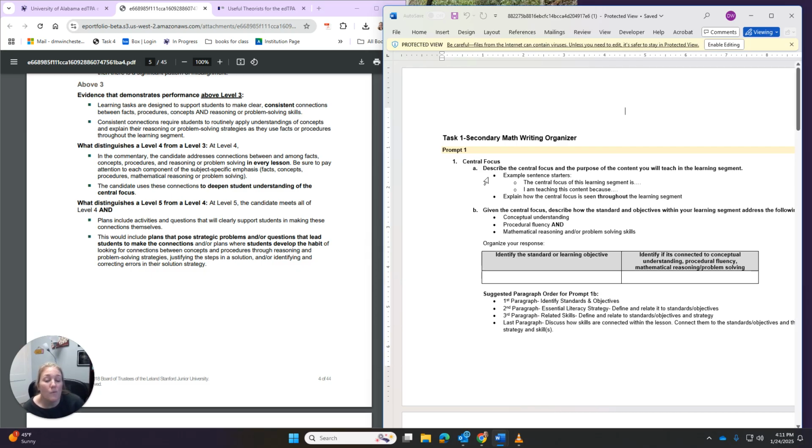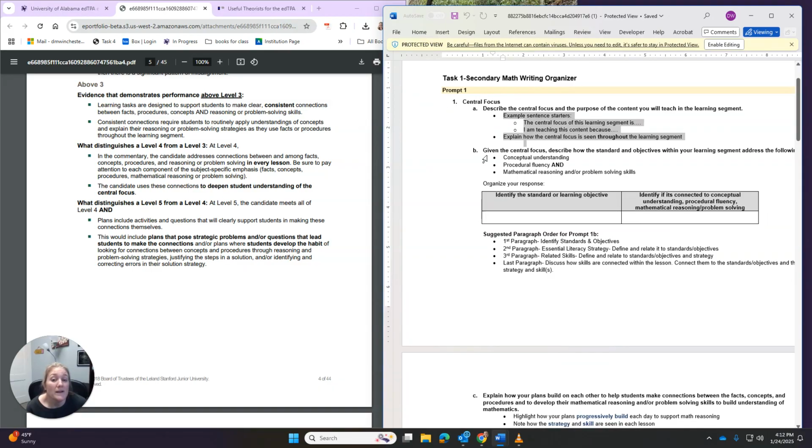But notice that it's showing me that I need like 2 or 3 sentences, really no more than 3 or 4 sentences is necessary for 1A. It's really just an overview of that central focus to get the scorer's feet wet and really have them understand what's going on, and then you move on.